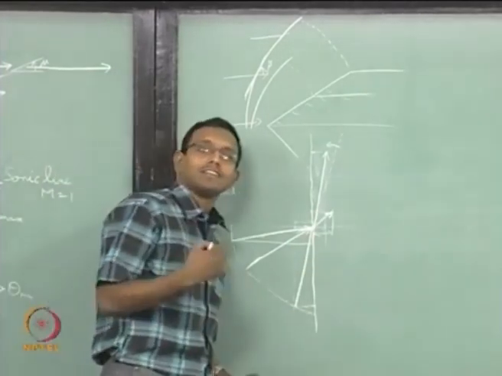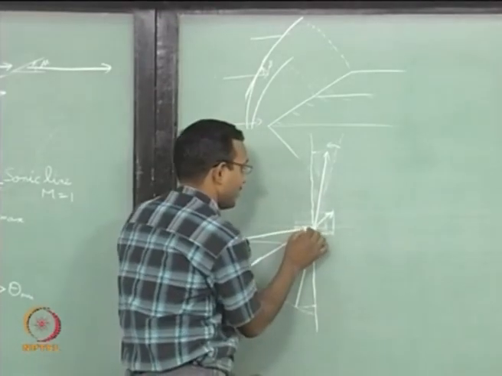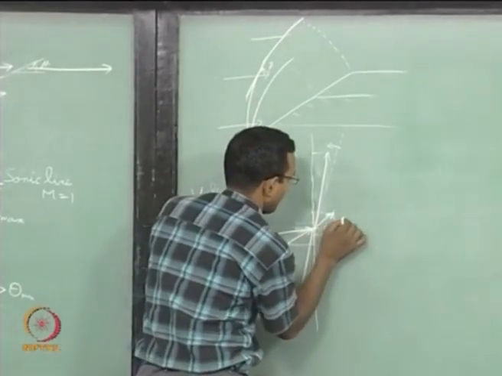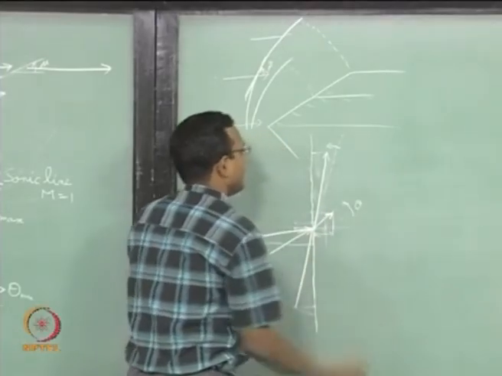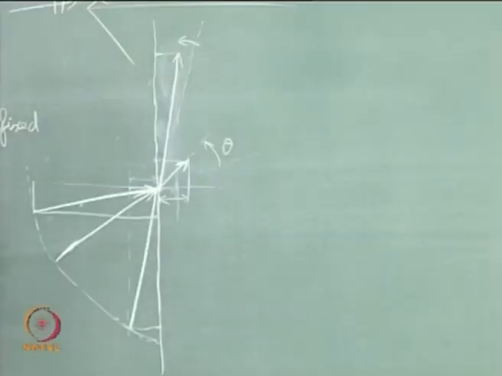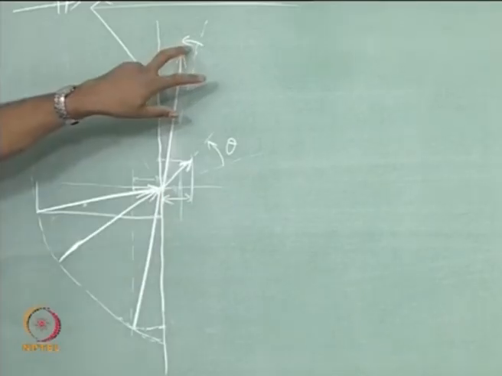Now, again I have to find the deflection in the streamline, so I have to extend the original streamline. This is my theta for this case. The way I have drawn it, this looks slightly bigger than the earlier one.